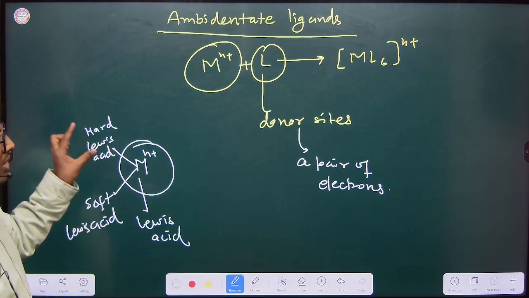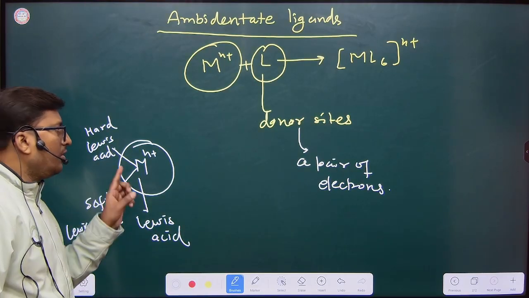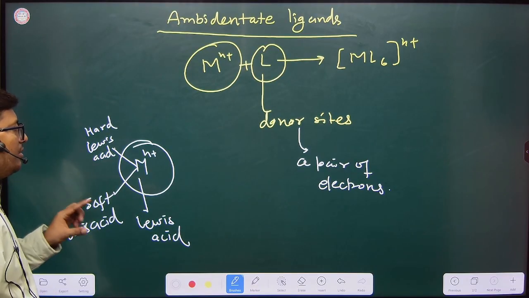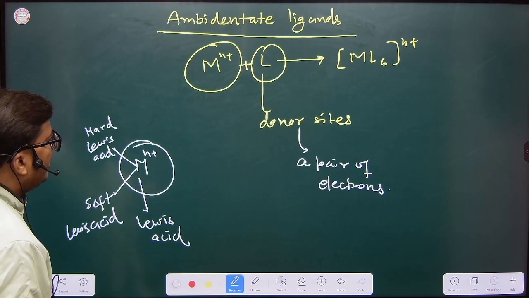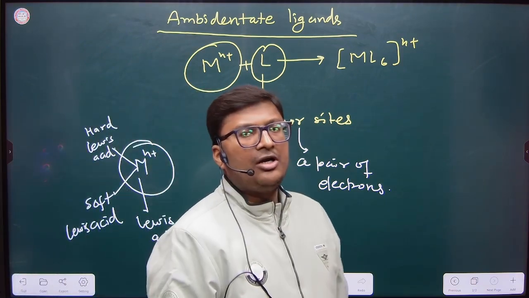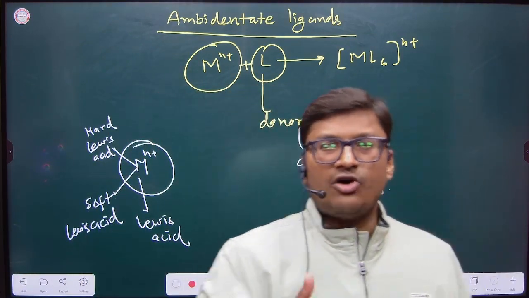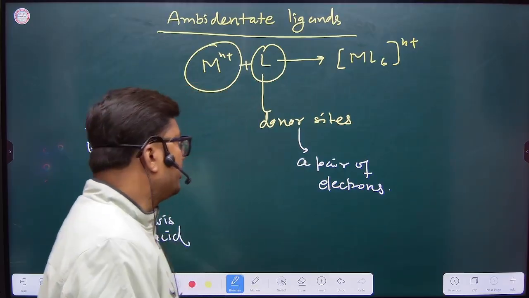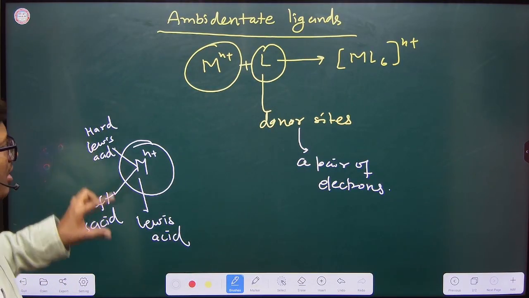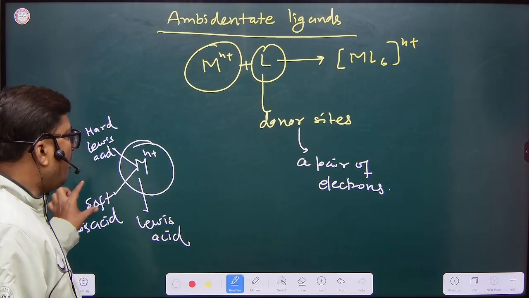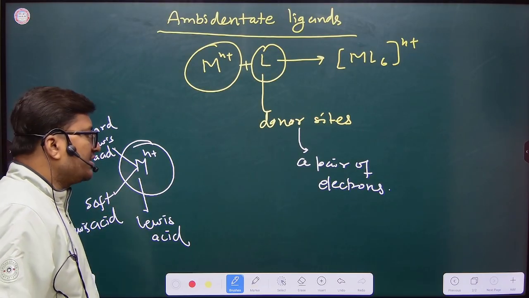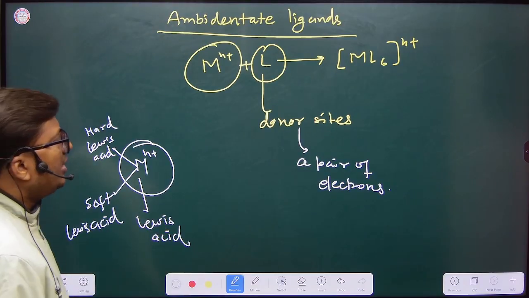In coordination chemistry, the preference is that hard metals react with hard donors and soft metals react with soft donors. It means a hard Lewis acid will react with a hard ligand and a soft Lewis acid will react with a soft ligand.